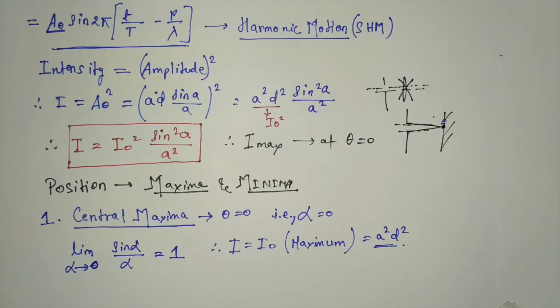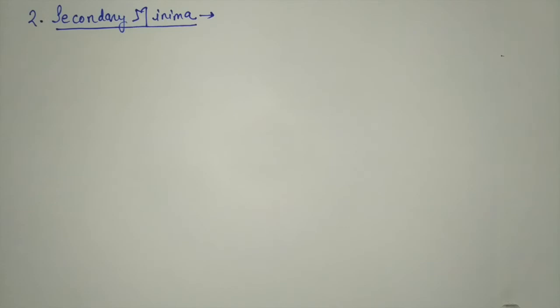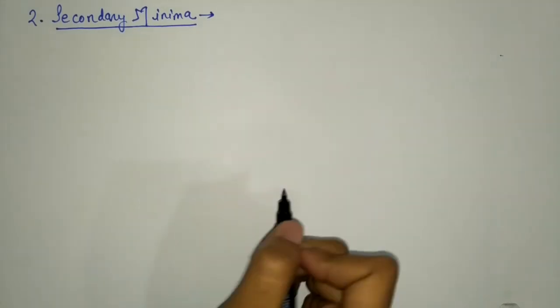So the central maxima will be obtained at theta equal to 0, that is at the point O dash in our schematic diagram case. Now let us further move on to the secondary minima.